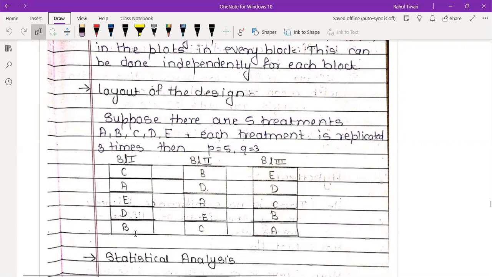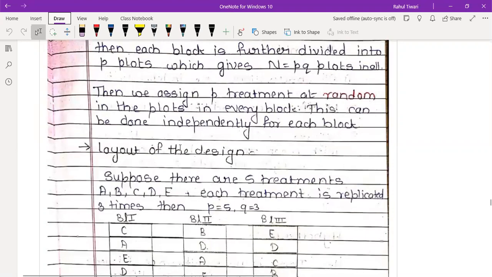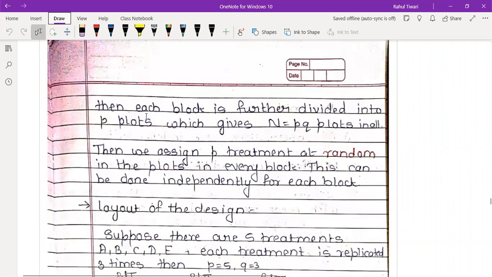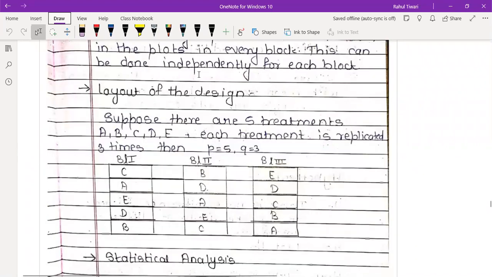First we have created a homogeneous unit or homogeneous block, and then based on that we have allotted the treatments. That is why it is said that each block is further divided into P plots, which gives N plots in all, and we assign the P treatments at random in each plot in every block.